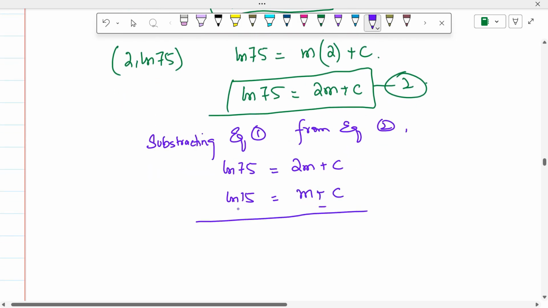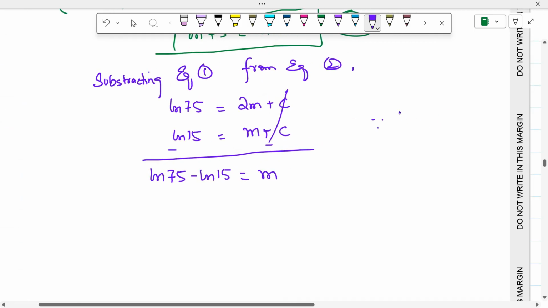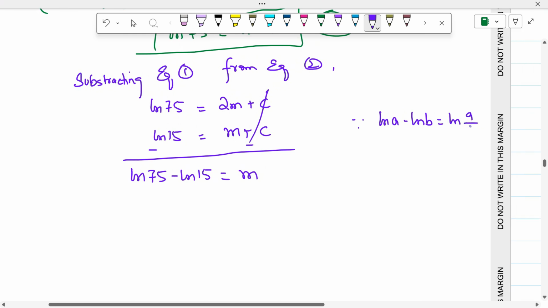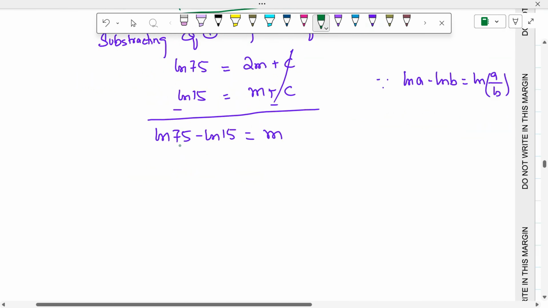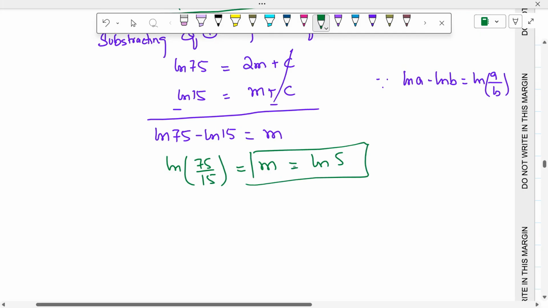Subtracting, c will be cancelled out, and on the left side we will have ln 75 minus ln 15 equals 2m minus m, which is m. We know the property that ln a minus ln b is equal to ln a over b. So this can be written as ln 75 over 15, which is equal to the slope, which is ln 5. So we have calculated the slope.